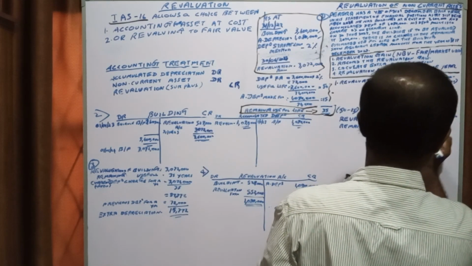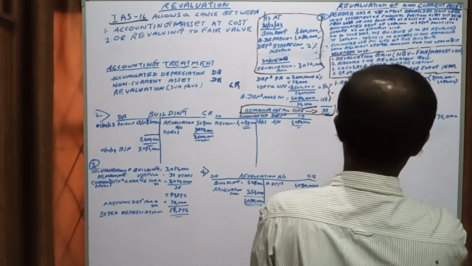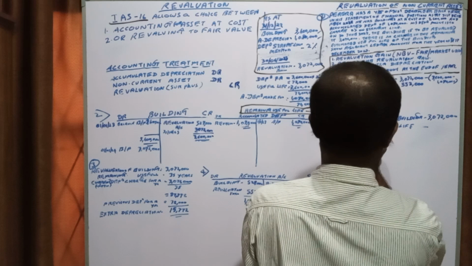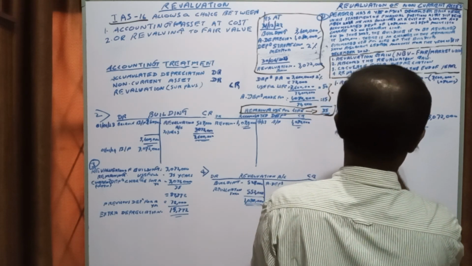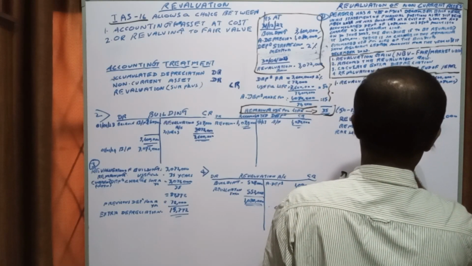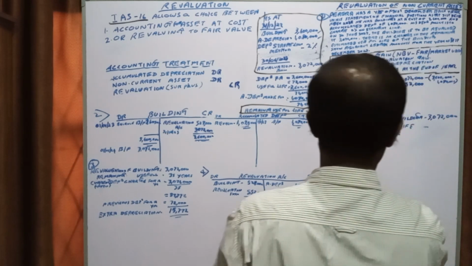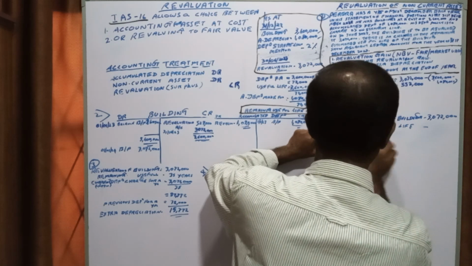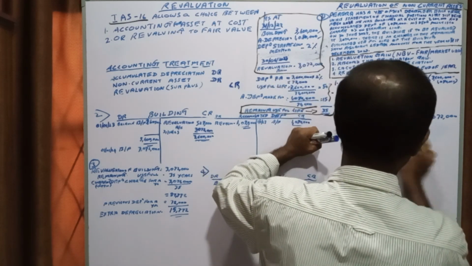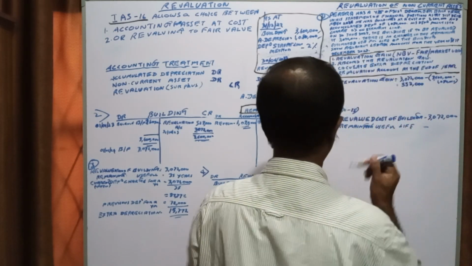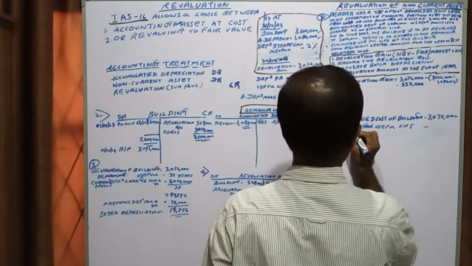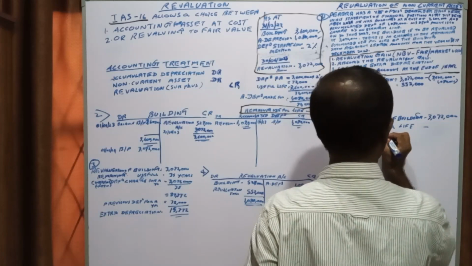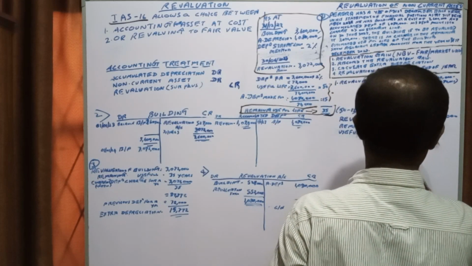This is the remaining useful life; the earlier useful life is the useful life before revaluation, right?